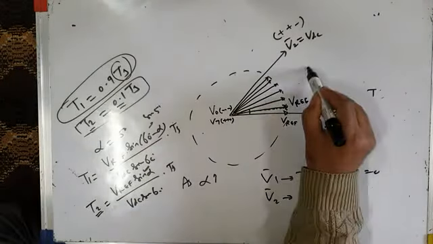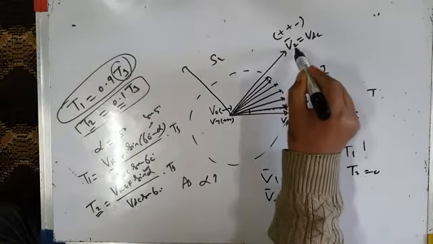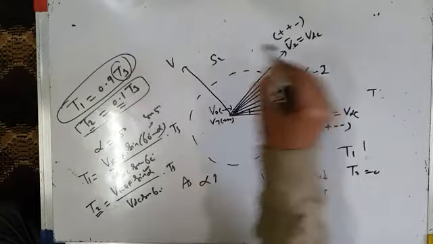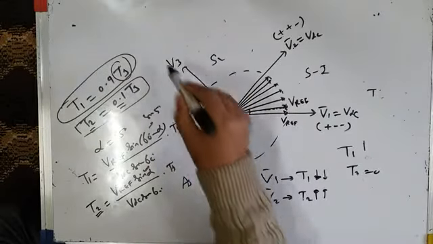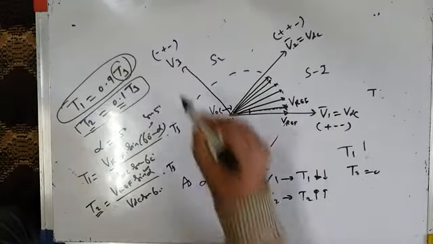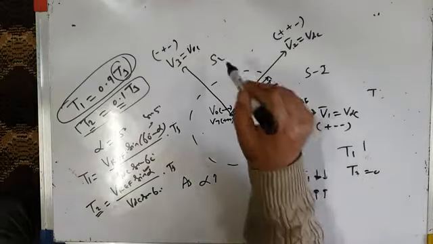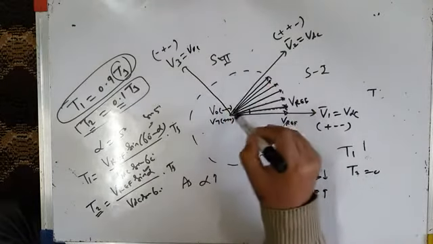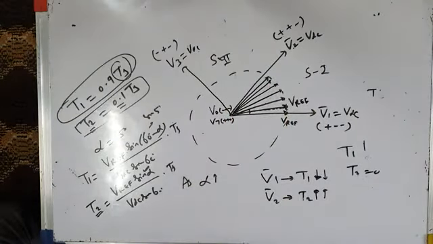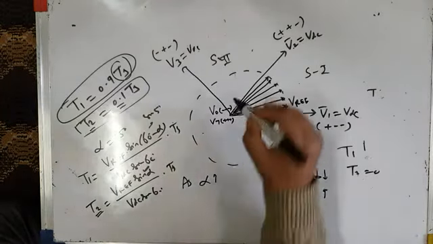This is in sector 1. यहाँ से यहाँ तक फिर सेक्टर 2 शुरू हो जाएगा. सेक्टर 2 में वोल्टेज स्पेस वेक्टर V2 और वोल्टेज स्पेस वेक्टर V3 अप्लाई होते हैं. This is minus plus minus. This V3 is also equal to VDC. So now what will happen in sector 2? In sector 2, V2 voltage space vector gets applied for some time, and V3 voltage space vector gets applied for some time.